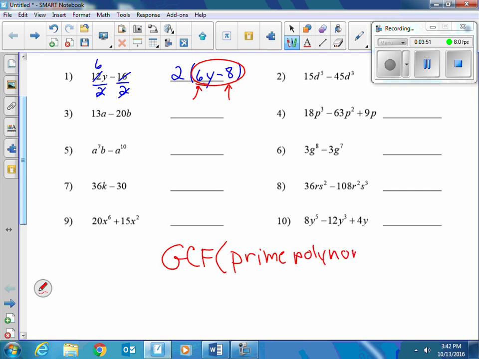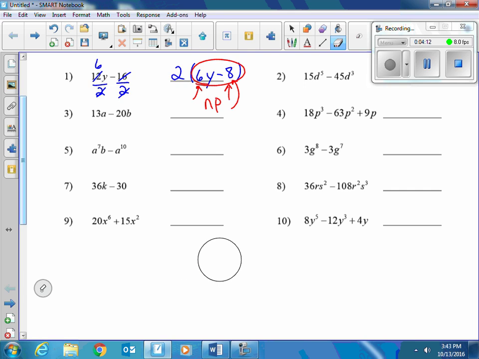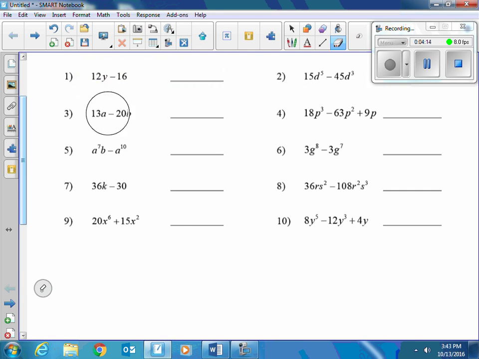And the thing that makes a polynomial prime is that you can't factor it anymore, at least not over the set of integers, okay? So this is not prime, and if you're in my class, you see this NP show up all the time, and that's just shorthand for you left some factors in there that should have come out, all right? So we're going to start over and look at that problem.